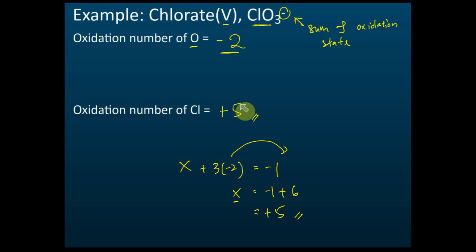That is how we find the unknown oxidation number of an element: by building linear equations, using the knowledge that we have about the sum of the oxidation states.